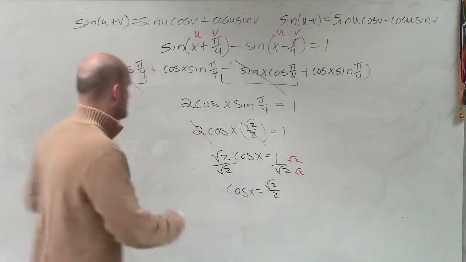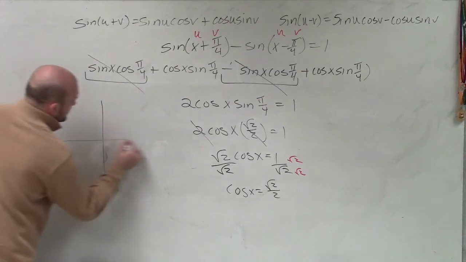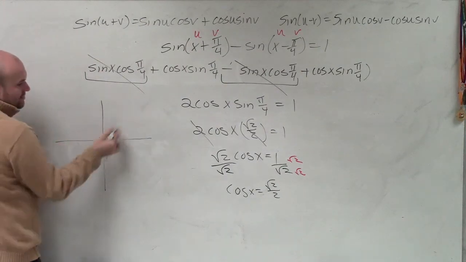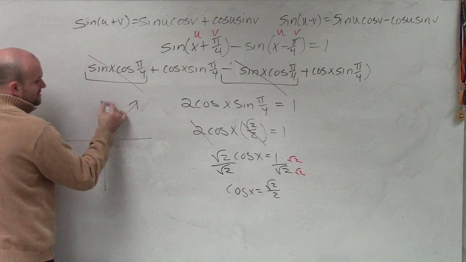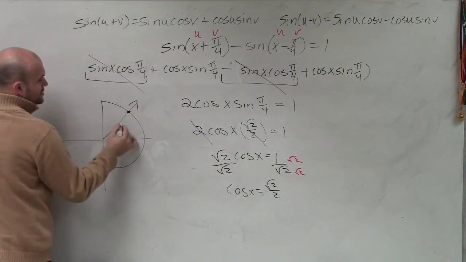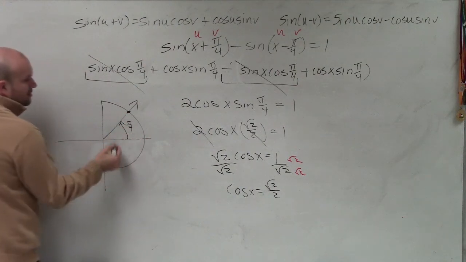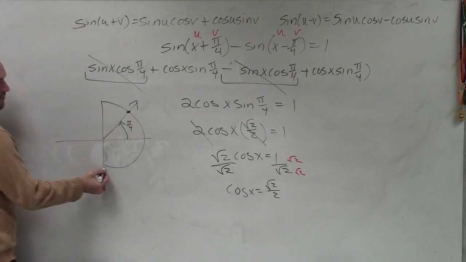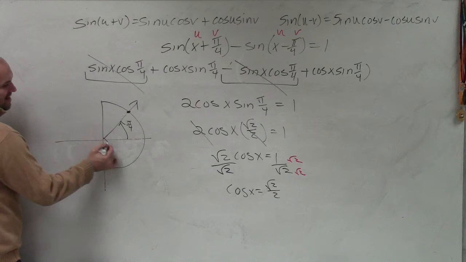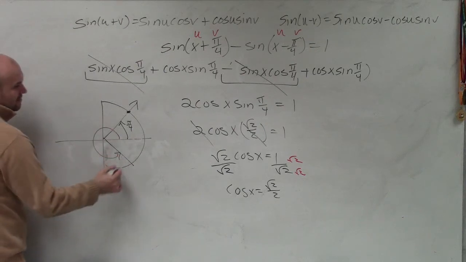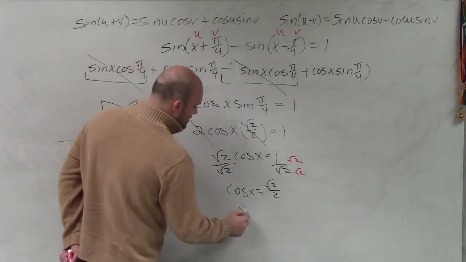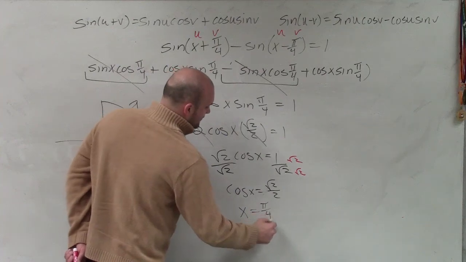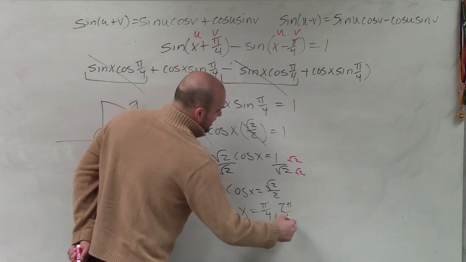Remember, cosine's dealing with the x-coordinate, so the x-coordinate has to be to the right. So yeah, it's that point, which is pi over 4. Pi over 4, 2 pi over 4, 3 pi over 4, 4 pi over 4, 5 pi over 4, 6 pi over 4, 7 pi over 4. So my answer, x equals pi over 4 and 7 pi over 4.